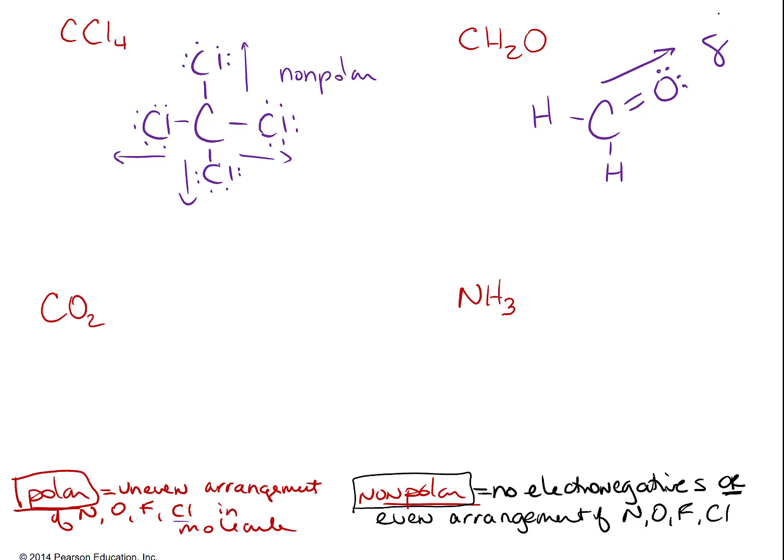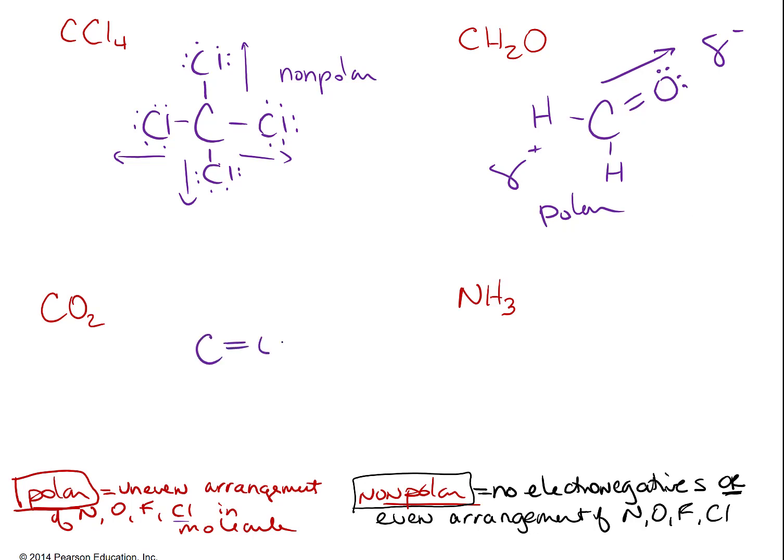This side becomes more negative, over here becomes more positive, and that is a polar molecule. Notice in CCl4, I have electronegatives, but they balance each other. Here, oxygen's on this side, and I could literally split this molecule and say, okay, the electronegatives are over on one side, and that creates the polarity.